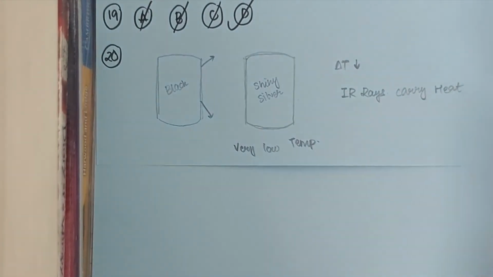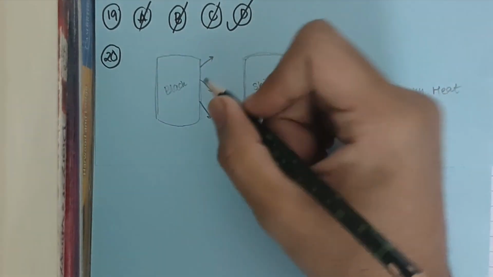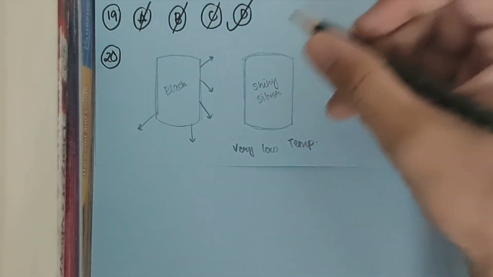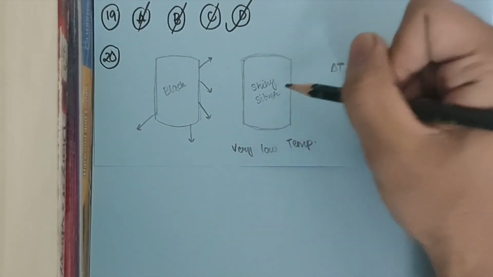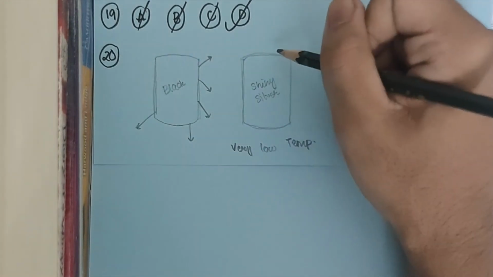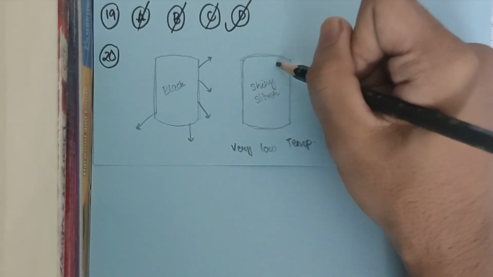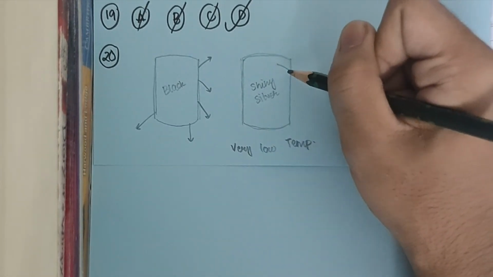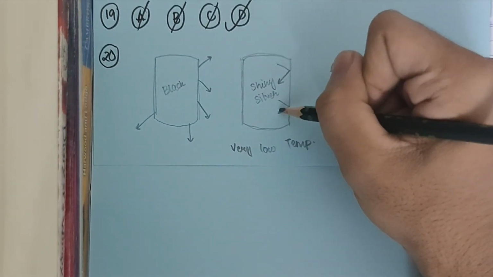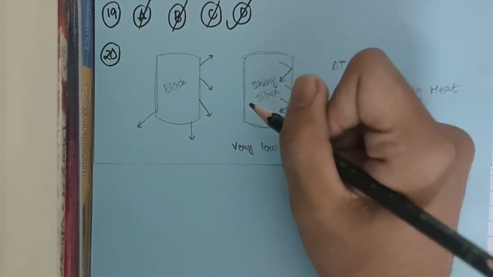Just like light, they will be reflected back by shiny surfaces. So the black body will try to throw away heat waves, IR waves. Whereas the shiny can over here will do something different. It will also try to throw out rays, but the difference is that it has a shiny surface. That means that when the water tries to throw out rays, some of the rays will be bounced back, and some may go through.